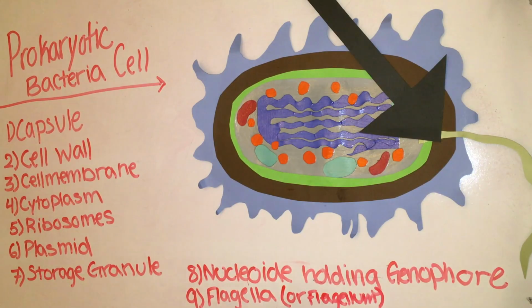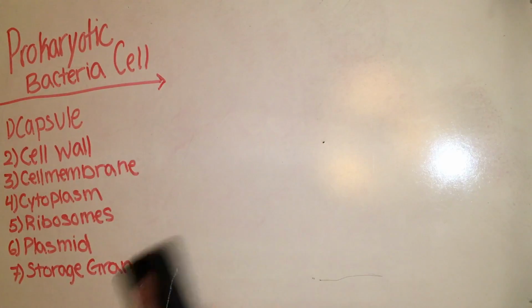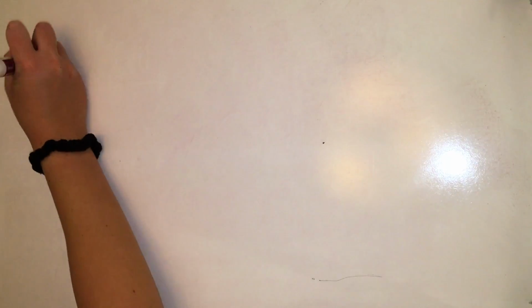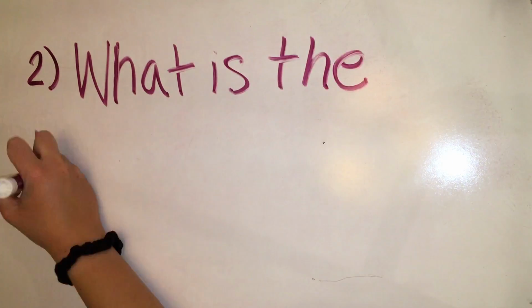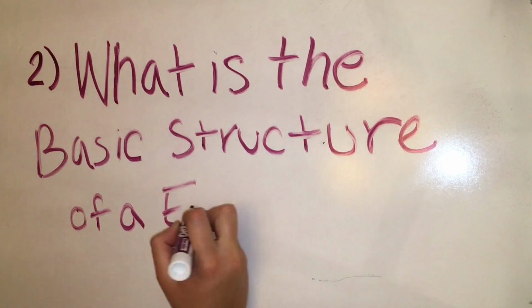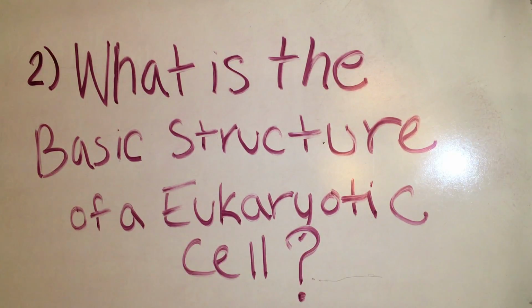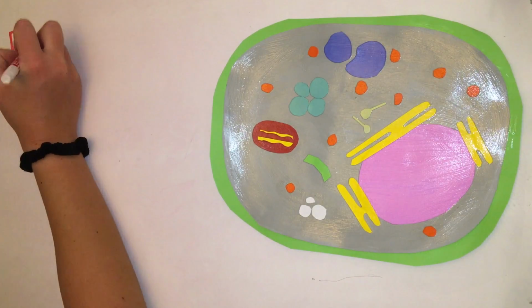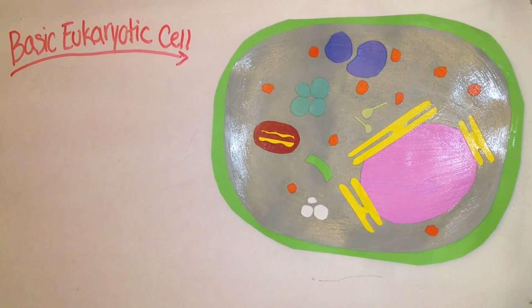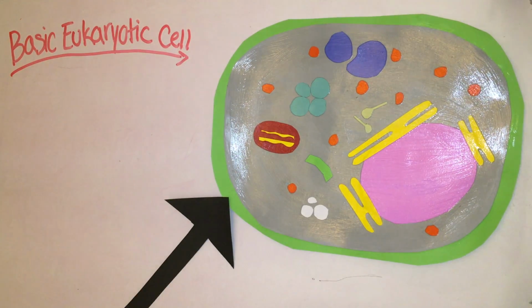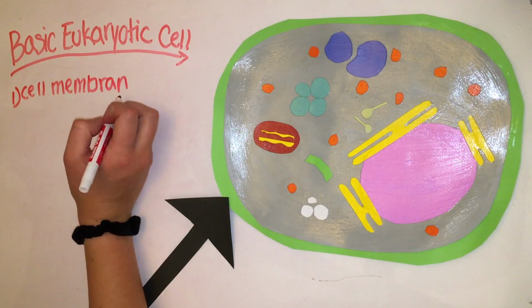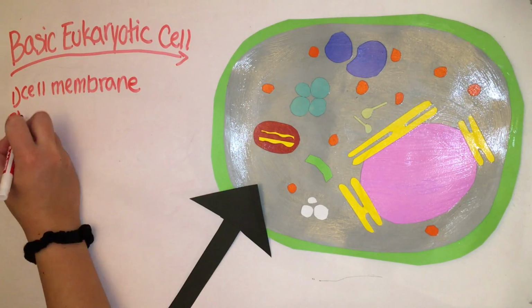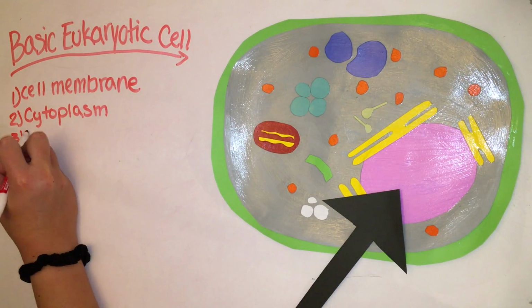In order to truly understand what bacteria is, we must also go over what a eukaryotic cell is. So, what is the basic structure of a eukaryotic cell? Well, let's review. This is a basic eukaryotic cell. That green stuff is the cell membrane. That gray stuff there, that's the cytoplasm.